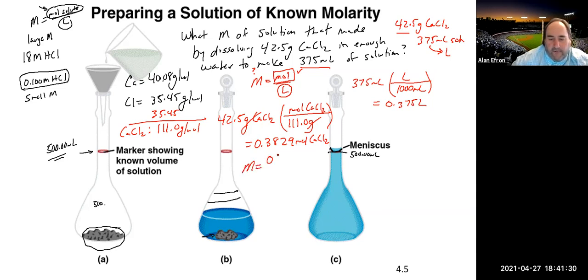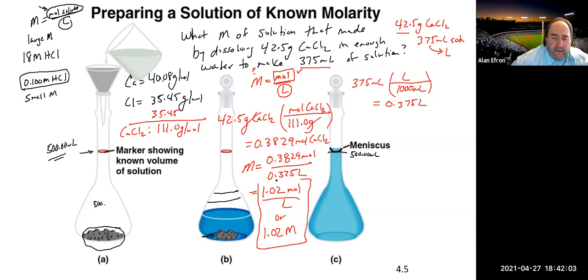We take our moles divided by our liters, 0.3829 divided by 0.375, and call it 1.02. In this case the units do not cancel, so you can leave it as moles per liter, or as 1.02 big M. Either way is perfectly fine.